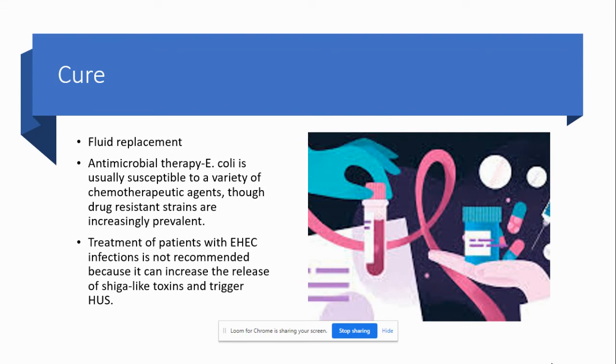E. coli is usually susceptible to a variety of chemotherapeutic agents, though drug-resistant strains are increasingly prevalent. And that's why antibiotic treatment of patients with EHEC infection is not recommended because it can increase the release of Shiga-like toxins and trigger HUS.